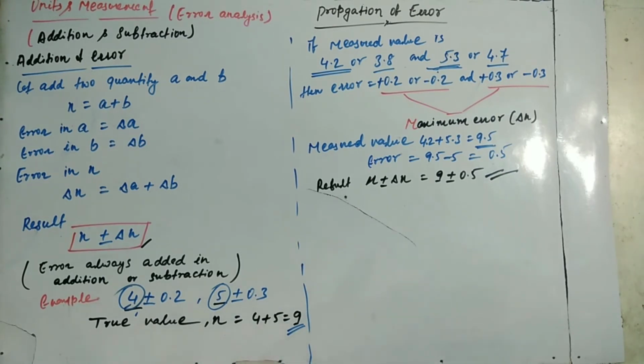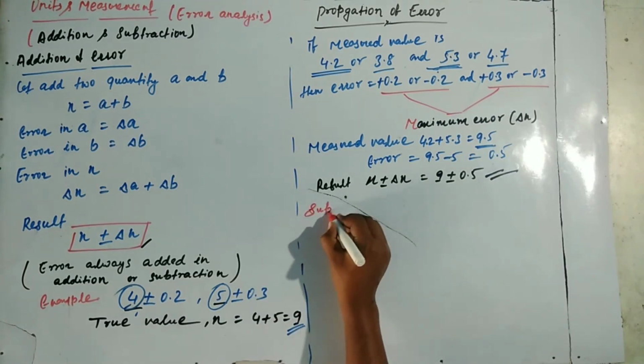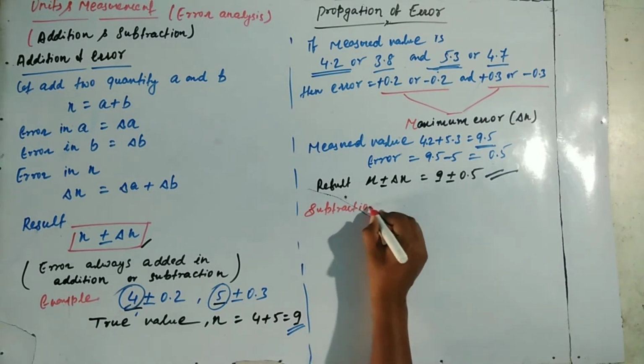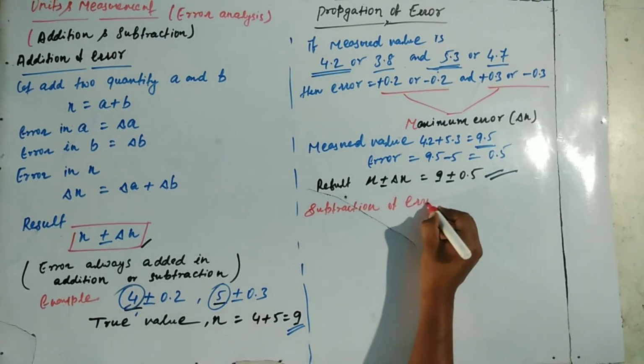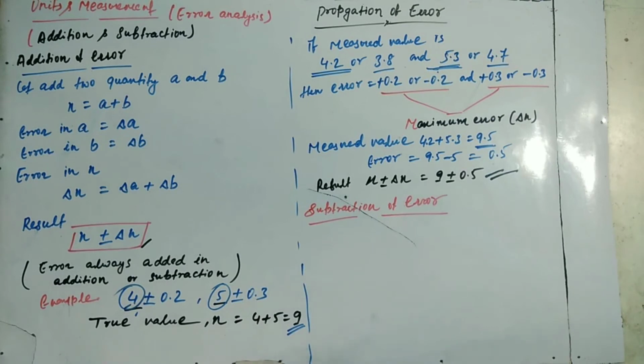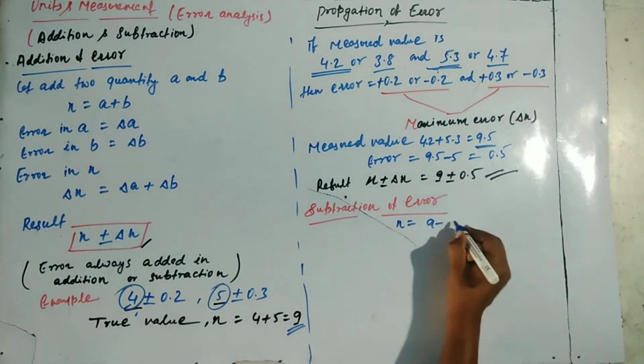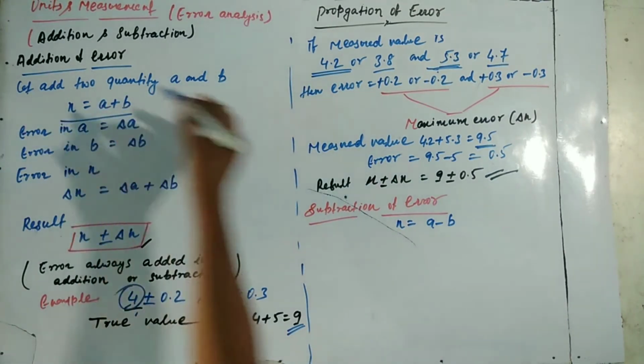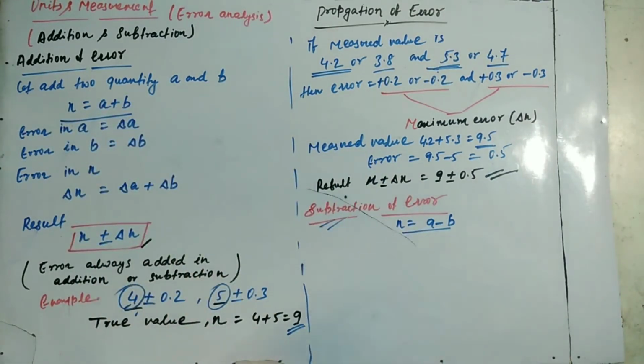Now we see the subtraction of error. How do we calculate the subtraction of error? For subtraction, we again take two physical quantities. Earlier it was addition, but here it is subtraction.